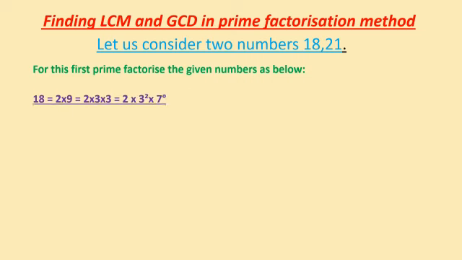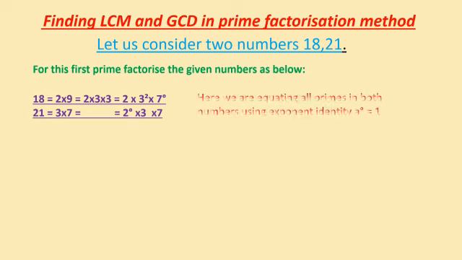So first, 18 can be factorized as 2 into 3 into 3, whereas 21 is 3 into 7. Just observe here that the prime factors of 18 do not include 7, whereas 21 does not include 2.